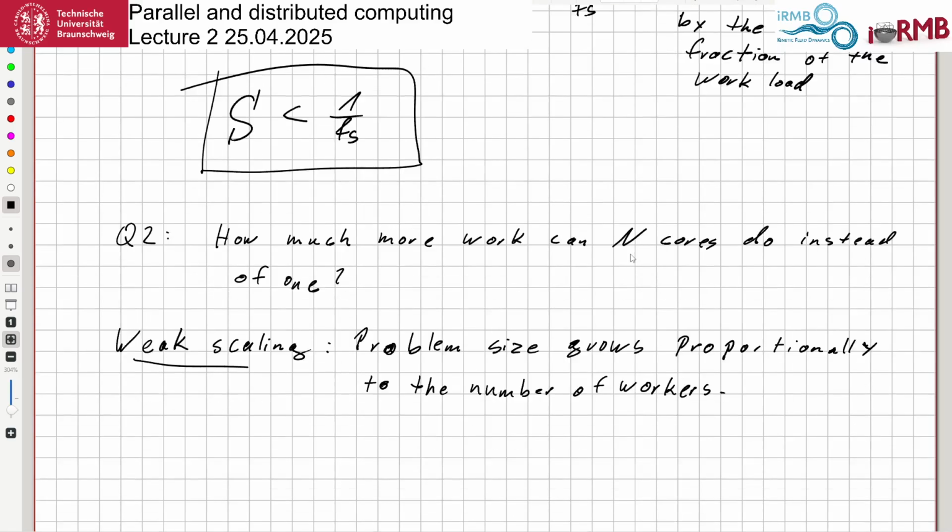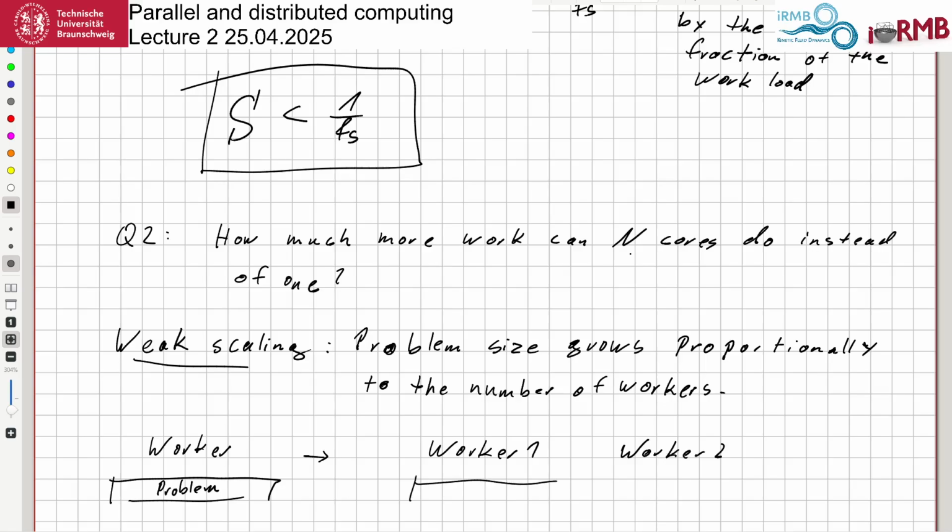So this looks like this. We have a worker, we have a problem size, and now we have worker 1 and worker 2, and our problem size has doubled.